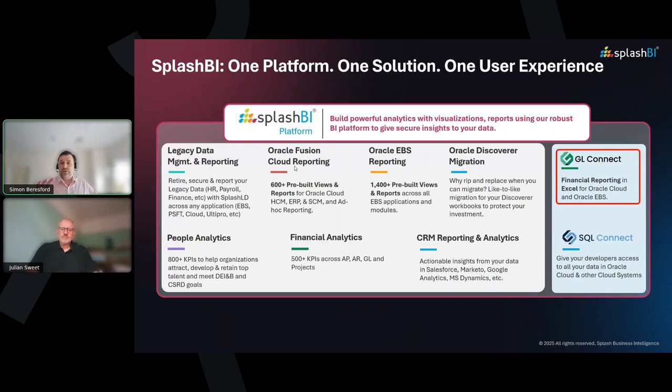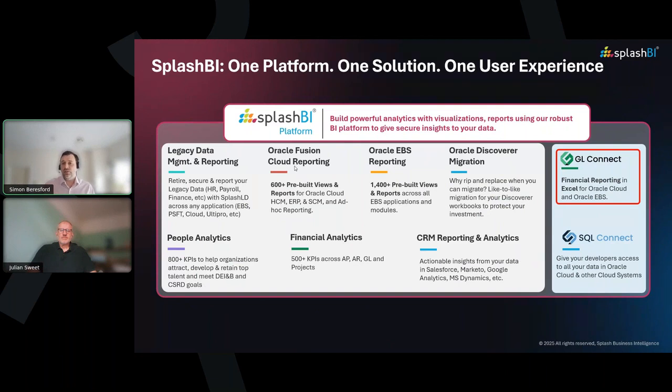So I'm not going to talk about all of these. It's purely from a point of view of awareness. In terms of our solution set, the beauty of what we do is we can combine all of our solutions together, or take little pieces and elements and combine them seamlessly as well. Today we're focusing on GL Connect, which is there on the right.